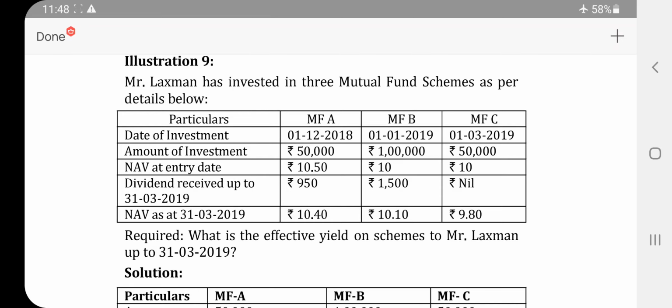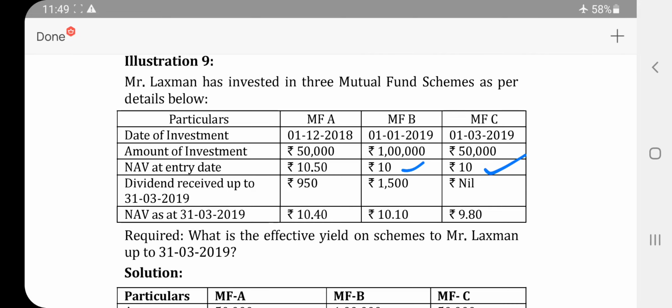And the NAV entry date, it means NAV opening date, is given here. NAV at entry date, how much rupees was there at the time of entry. For mutual fund A 10.50, for B rupees 10, for mutual fund C rupees 10.